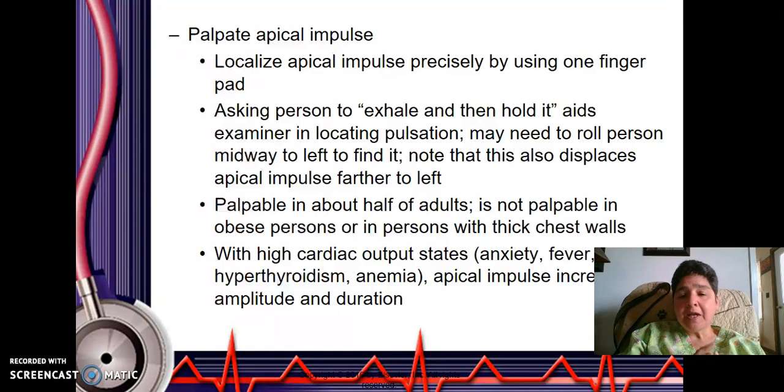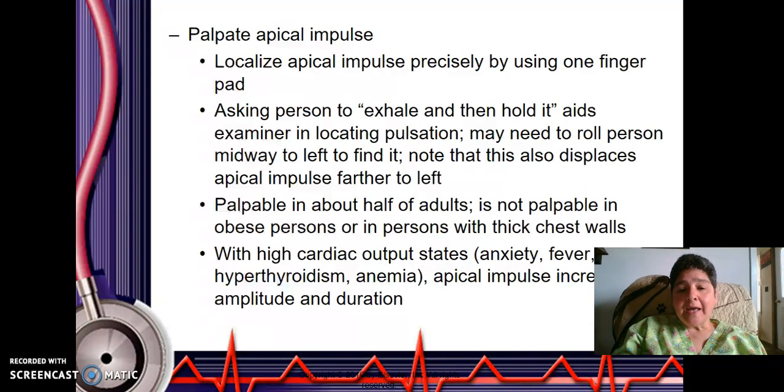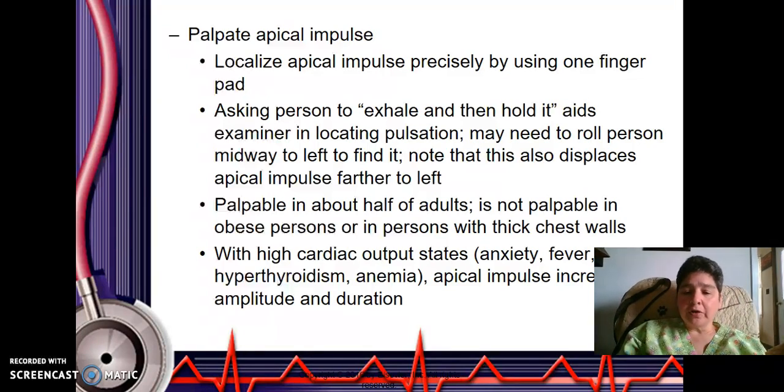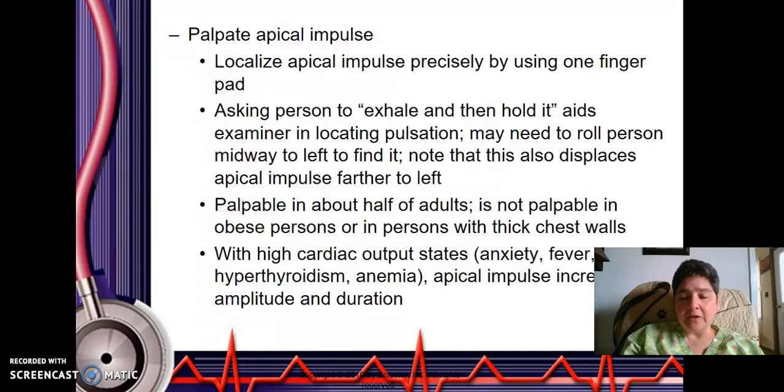Not everybody has it where you are able to feel it. So when you examine your partner this week, you may be able to feel it, you may not be able to. Asking them to exhale and hold it will help with that. Sometimes they may need to roll to the left, but then you have to go a little farther to the left than at the typical apex part.